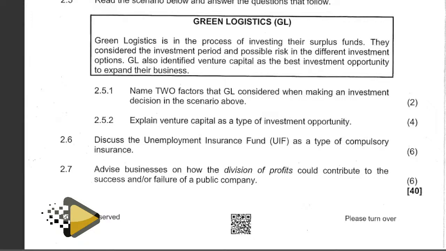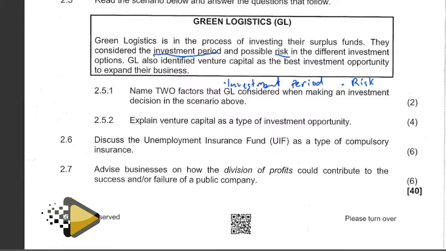Name two factors that GL considered when making an investment decision in the scenario above. They checked the time period in which they are going to get their returns, and also the chances of losing their money. So it means we have investment period and risk.